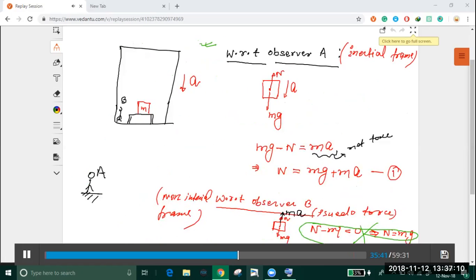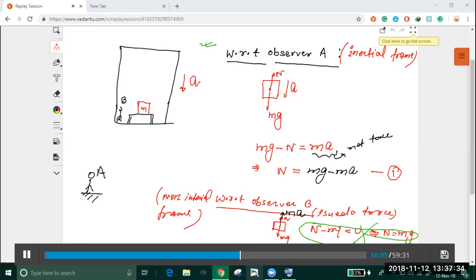Oh, sorry. How will it be plus? We have also gone minus, wrong also. The normal goes that side, then it will be mg minus ma, right? So the normal, the reading, is less than the actual.